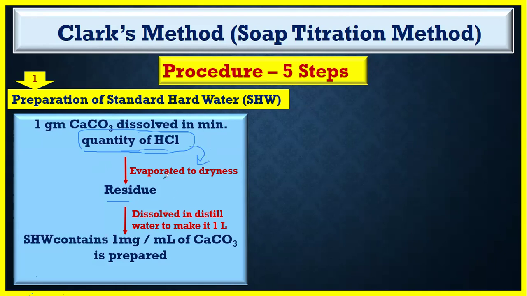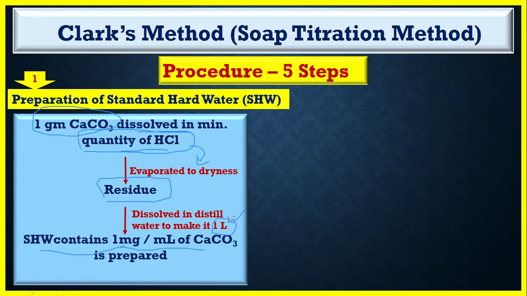The remaining residue is now dissolved in distilled water to make the volume of the solution 1 liter. So this is how we prepare the standard hard water. What is the concentration of standard hard water? It contains 1 milligram calcium carbonate in 1 ml of standard hard water. See here, we dissolve 1 gram calcium carbonate in 1 liter.